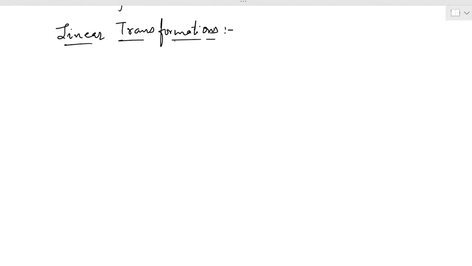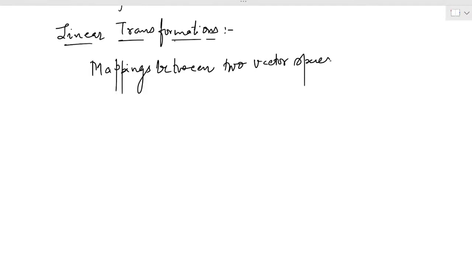Now we'll be talking about the mapping between the two vector spaces. These certain mappings are called linear transformations.